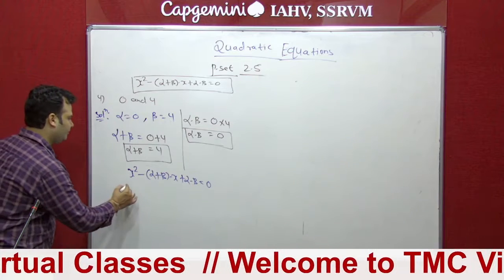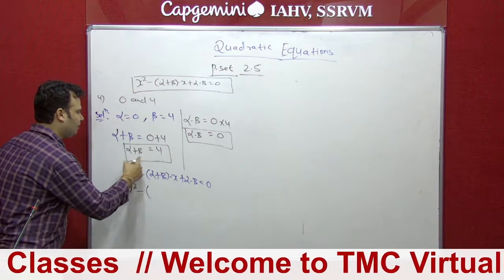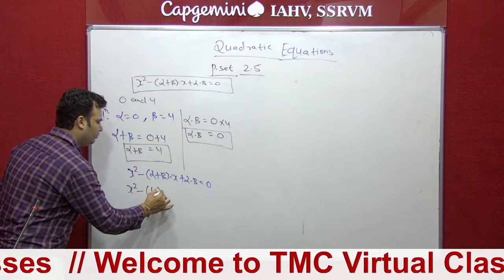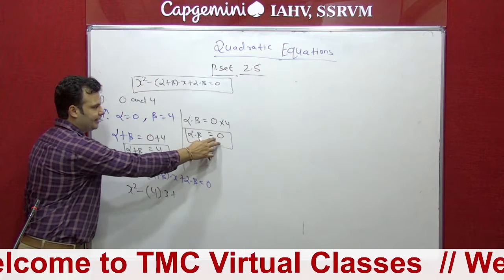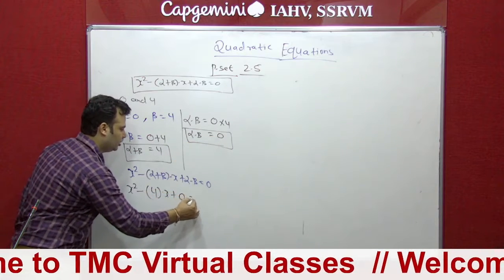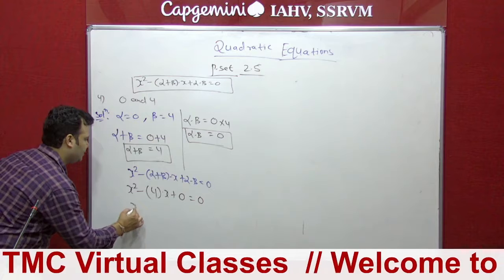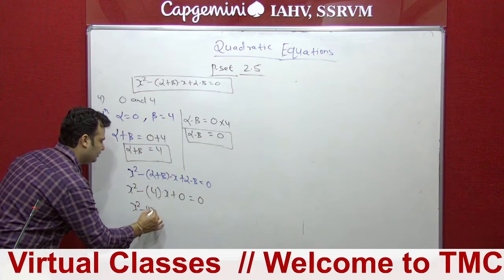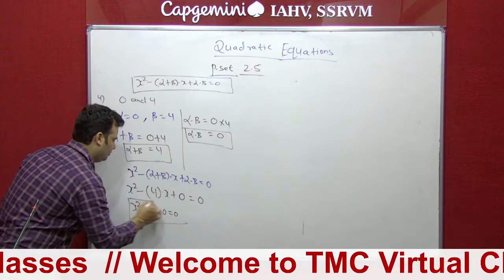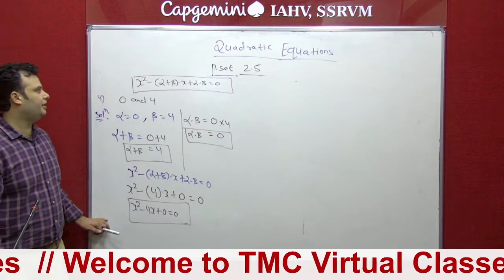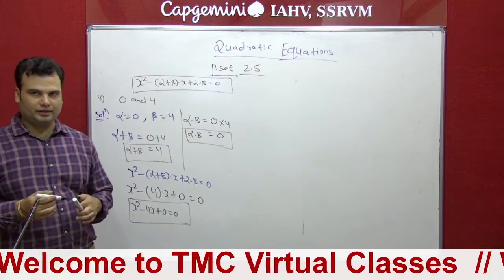So x square minus (alpha plus beta, which is 4) into x plus alpha into beta. What is the value of alpha into beta? Yes, correct, the answer is 0. So x square minus 4x plus 0 equal to 0. So this is the first quadratic equation.